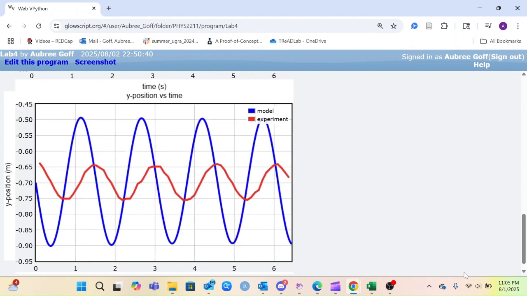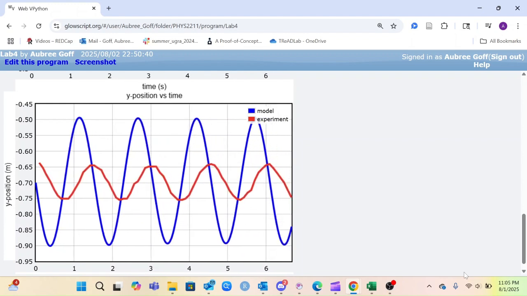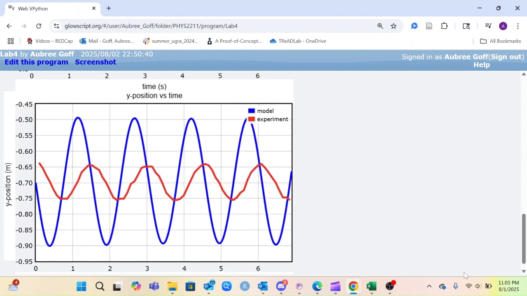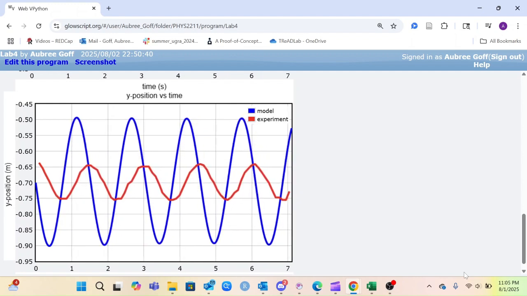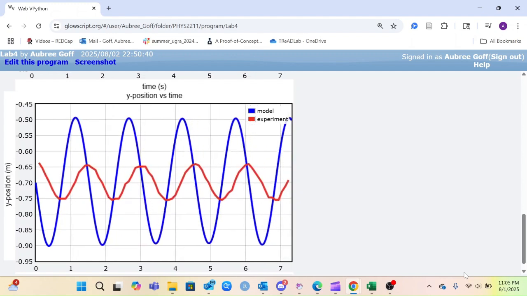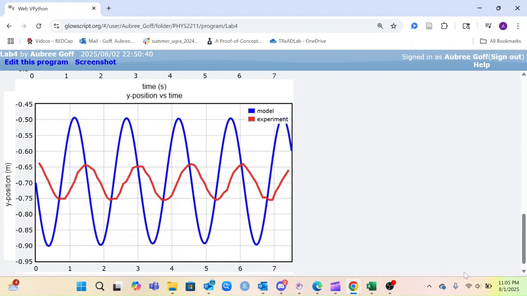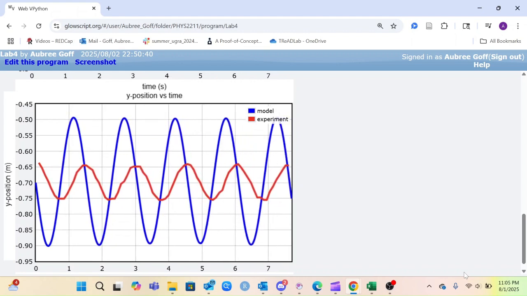But to improve the accuracy, I included the initial position and initial velocity from the first few frames of the real life data.